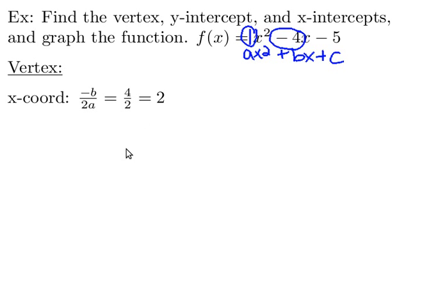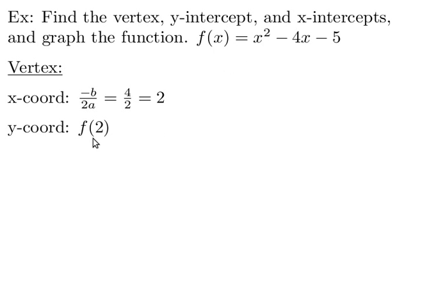Okay, so now let's go on to the y-coordinate. We're going to evaluate this function at f of 2. All I did was put 2 in for x here, and just like I put 2 in for x here, I'm going to put 2 in here and 2 in here.